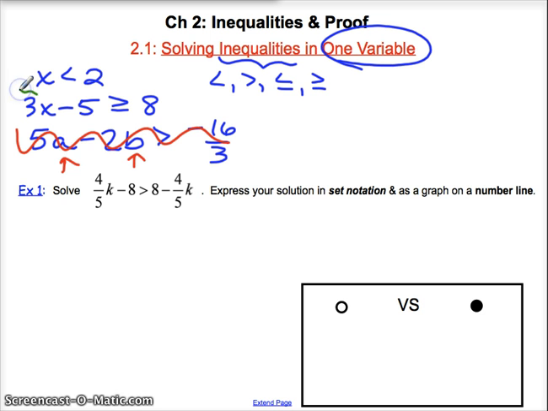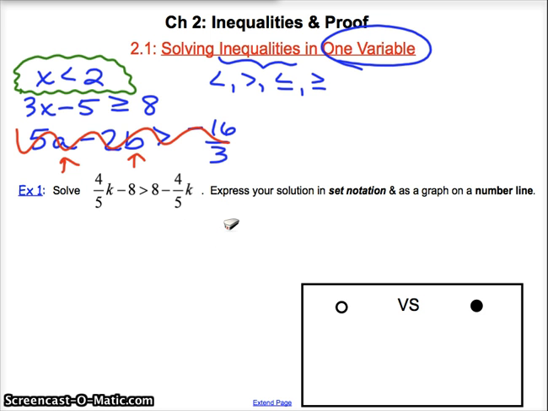If you look up here at this inequality, x is less than 2, well, you know 1 is less than 2, 0 is less than 2, 1.5 is less than 2. There's actually an infinite number of solutions to that inequality. So looking down here at our original, we have an idea that the solution set could possibly be an infinite number of solutions. So let's find this solution set.